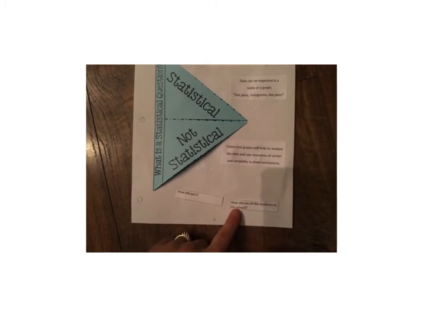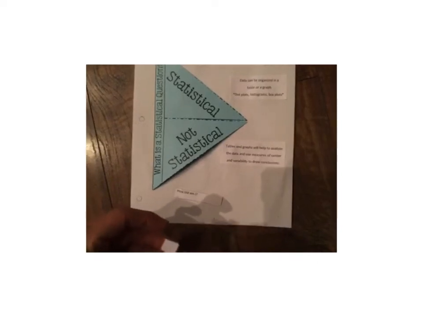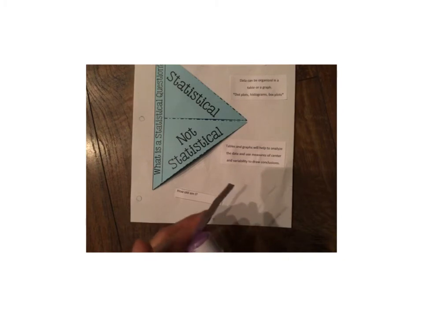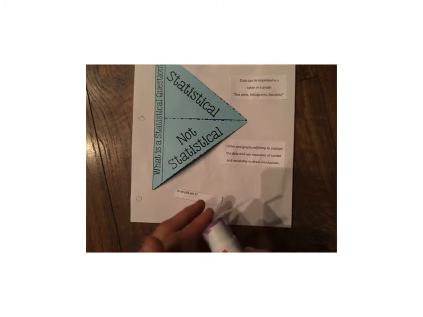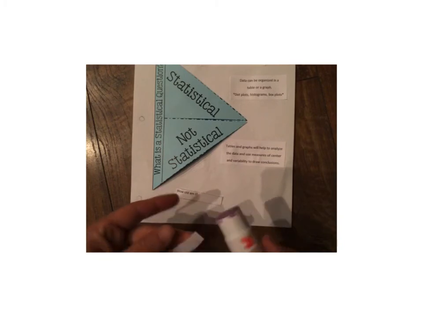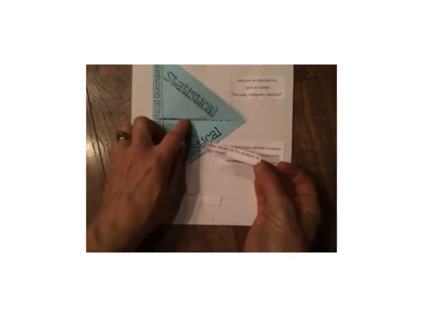If we ask how old are all the students in my school, we're saying all the students. So that means all the fourth graders and all the fifth graders and all the sixth graders. So we would have to go around to each teacher's classroom and ask how old each student is in that classroom. So when doing that, we are going to get lots of answers.